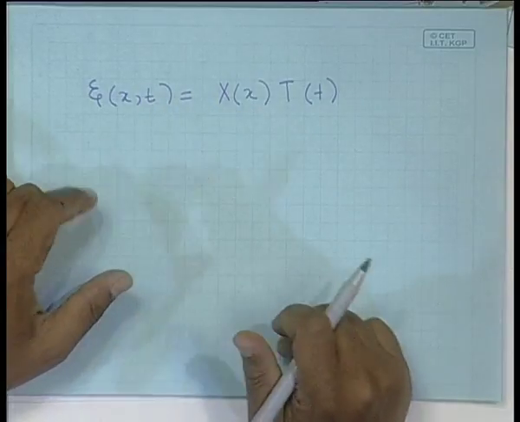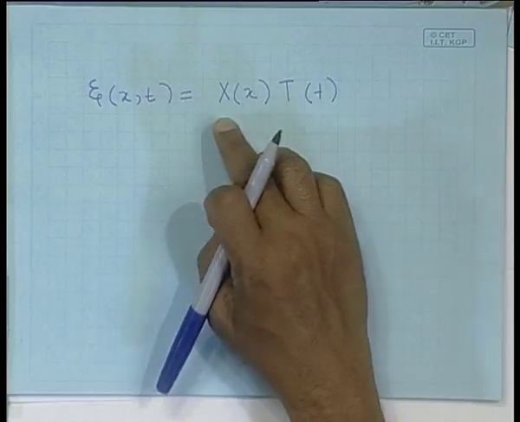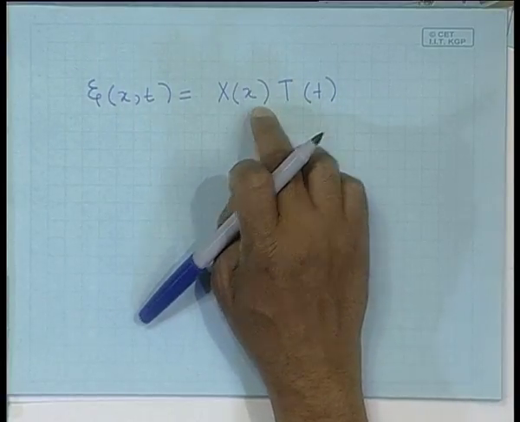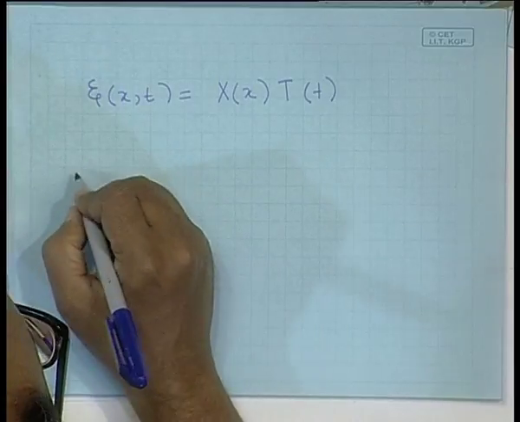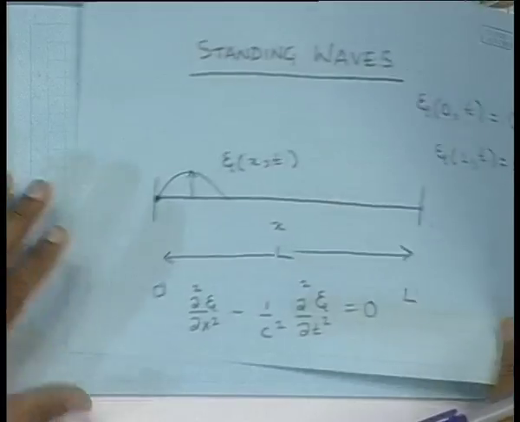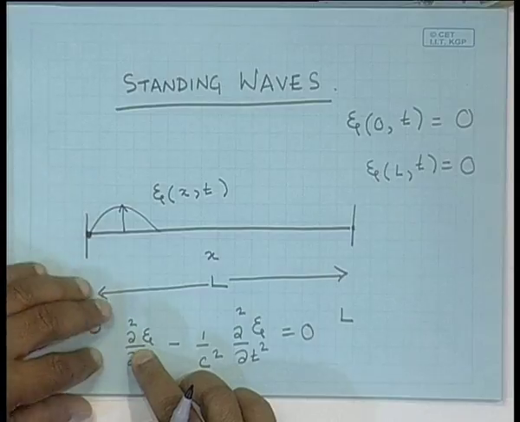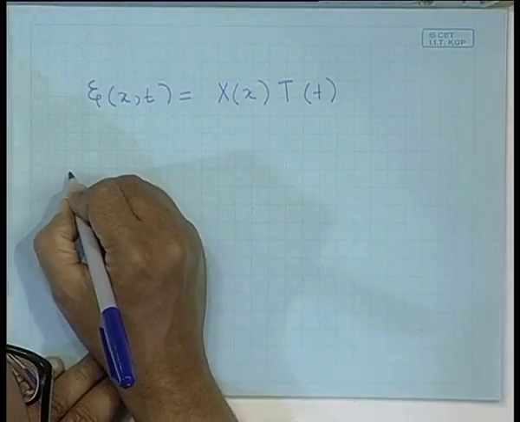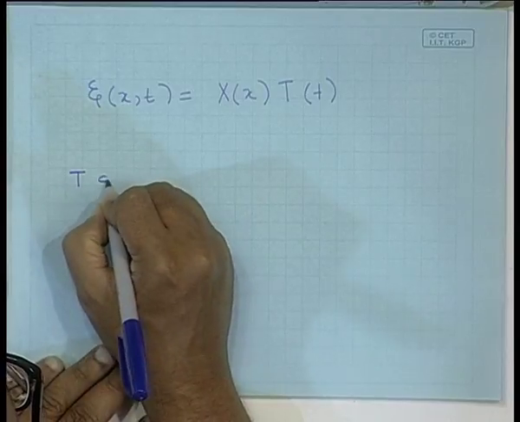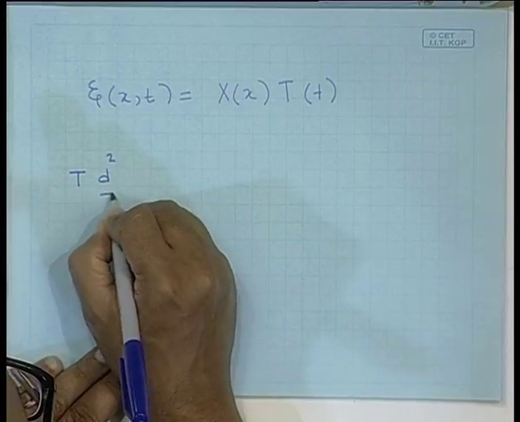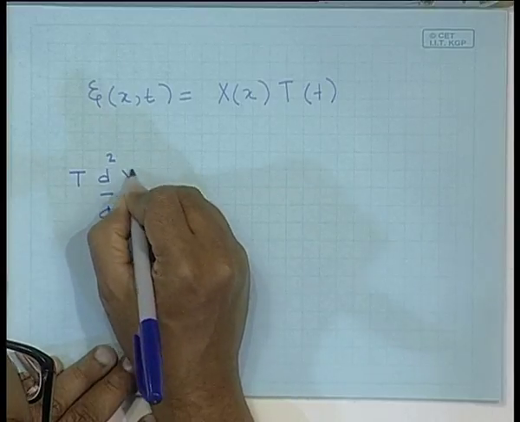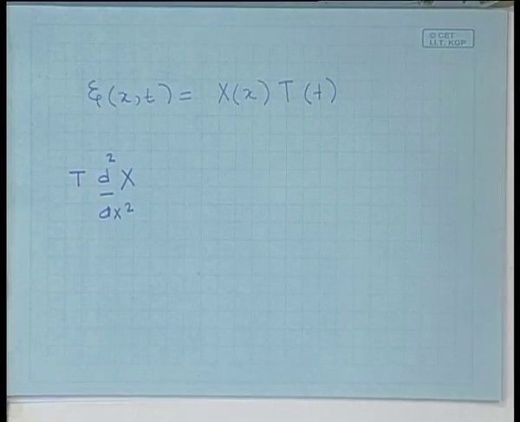There is no need to talk about a partial derivative anymore, because it is the derivative of a function of only one variable. So, the first term over here becomes T into the ordinary derivative with respect to x of this function X, which is a function of x alone.